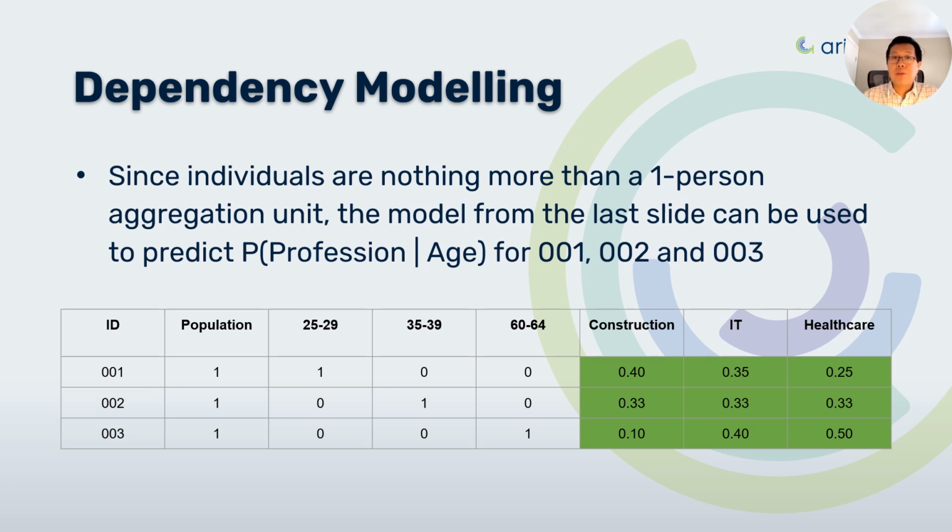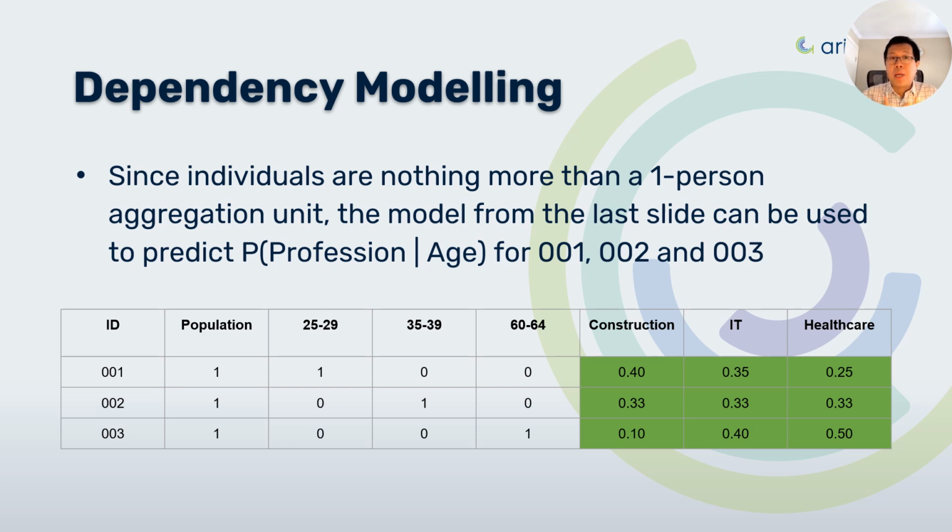There are 3 individuals that we're interested in modeling. We can pretend that there are 3 1-person postal codes. We've one-hot encoded them so that our first postal code, which is also our first individual, has 1 person. 100% of that postal code is between 25 to 29 because there's obviously only 1 person. In our second postal code, which is also just 1 person, 100% of that postal code is between 35 to 39.